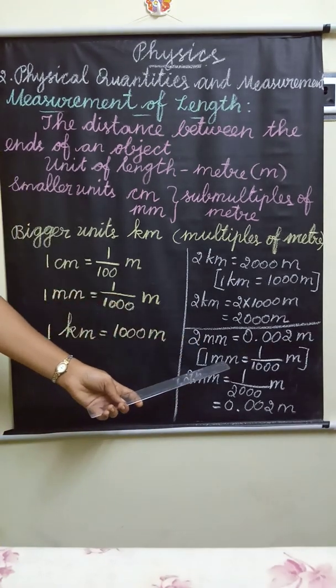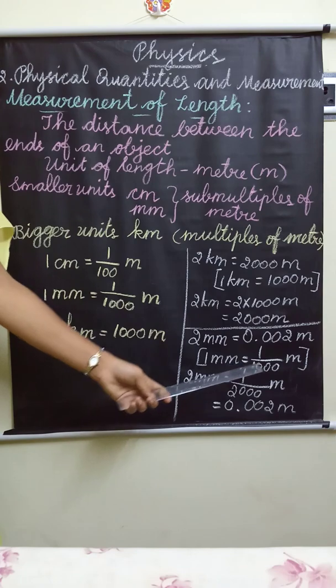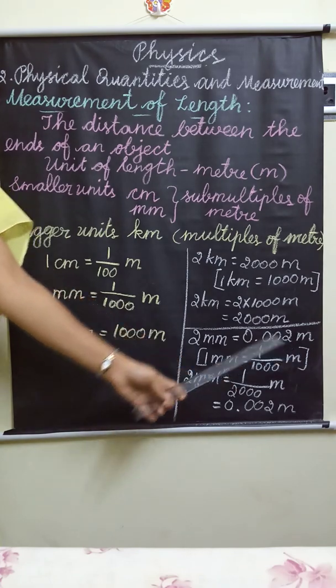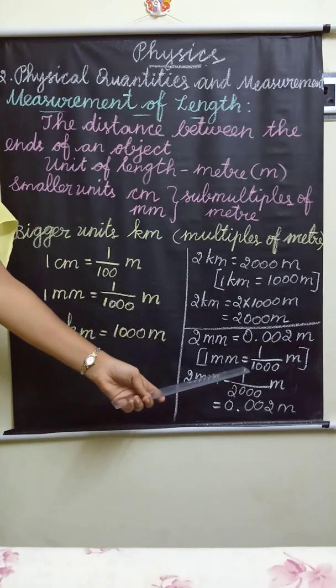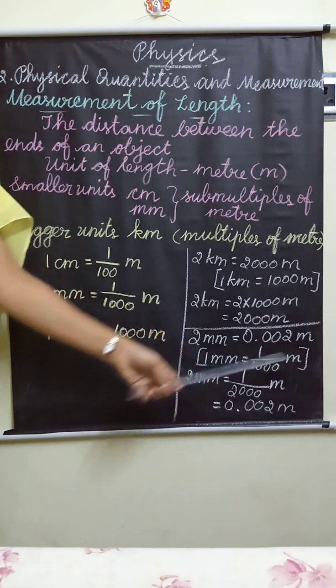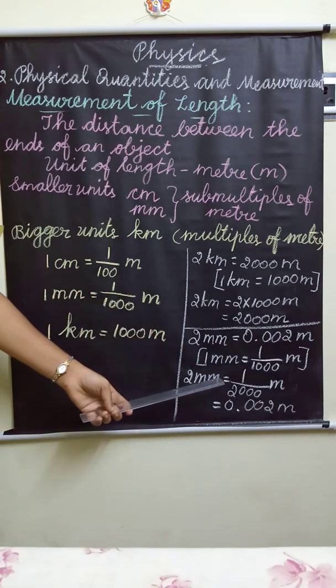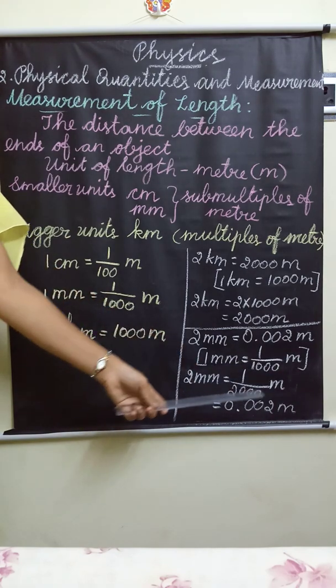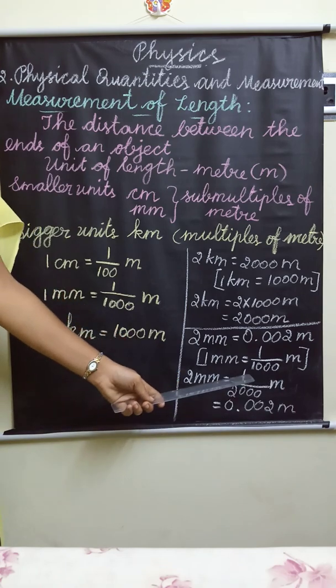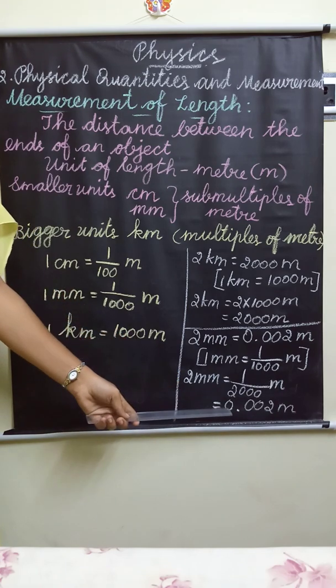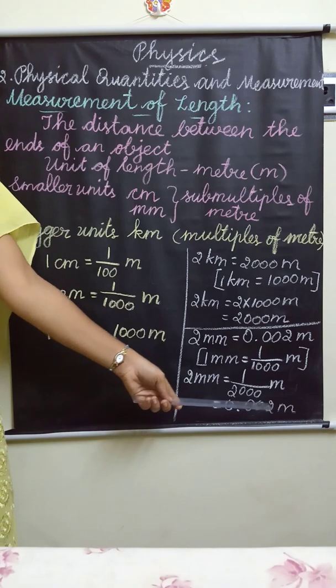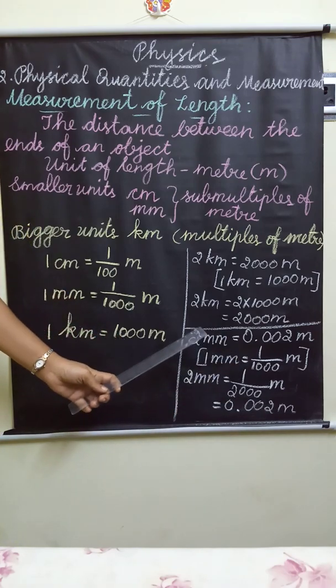Already we know this formula: 1 millimeter is equal to 1 by 1000 meter. So, 2 millimeter is equal to 2 by 1000 meter. So, we have to divide by 1000, which gives 0.002 meter.